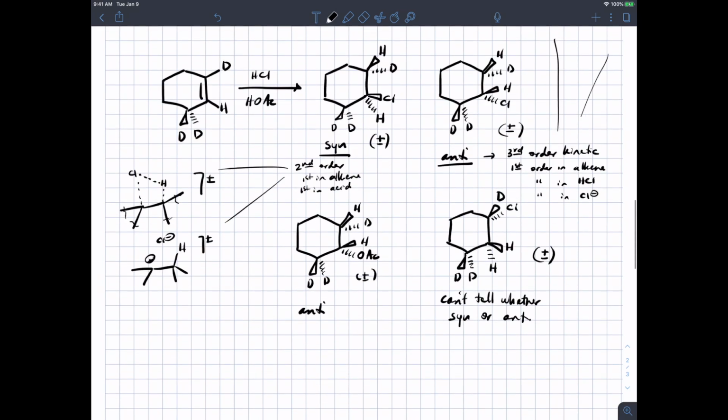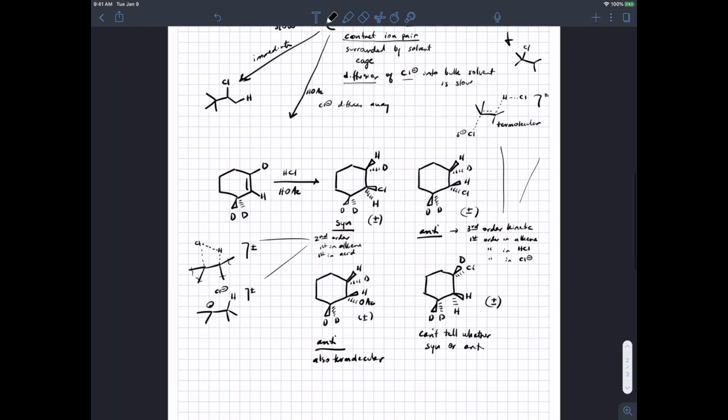I won't draw the transition state for the anti-addition product of acetate, but it's also termolecular, and so it resembles the transition state I've drawn up here.